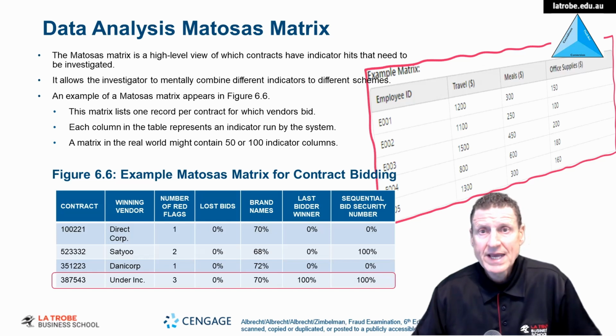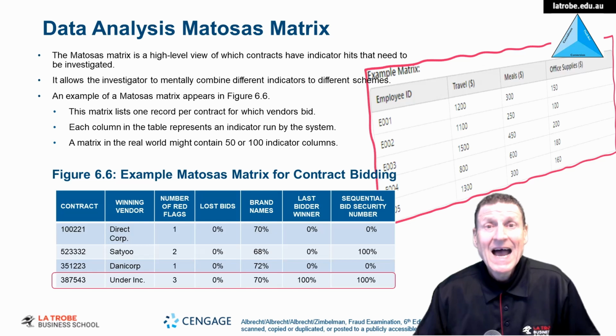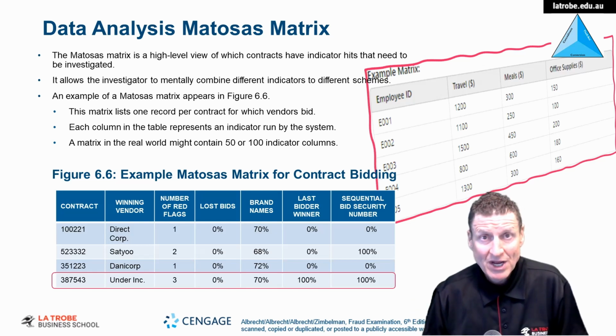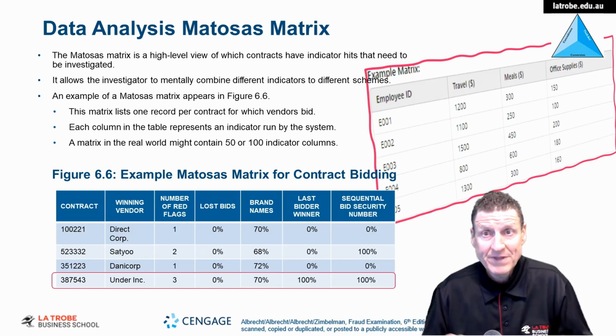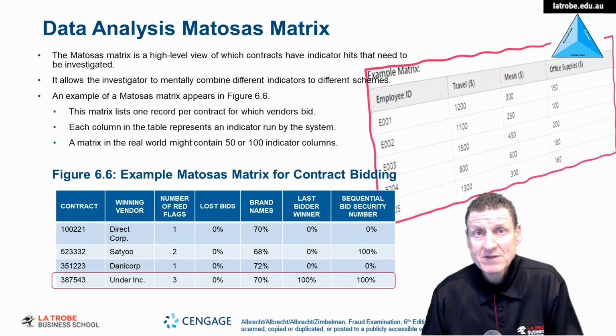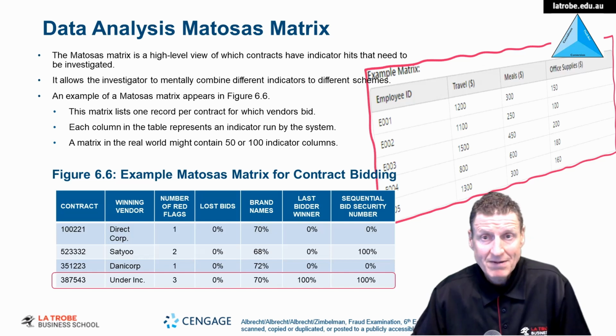Another example is looking at employee IDs and having a look at their travel, their meal allowances, and office supplies consumed. We're looking at generally which employee may be taking unusual advantage of the generosity of the organization to reimburse for meals, for office supplies, for travel, etc. Again, this is something that in many ways could be done manually.